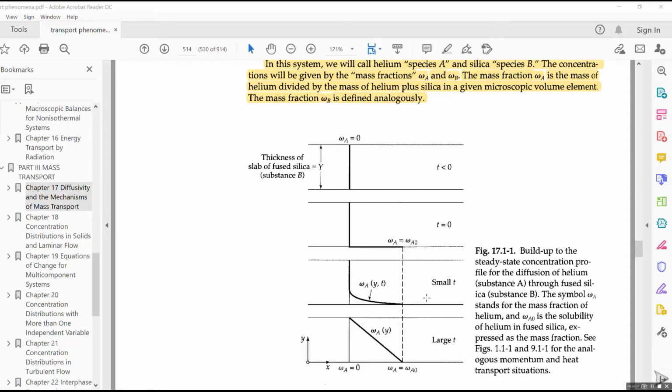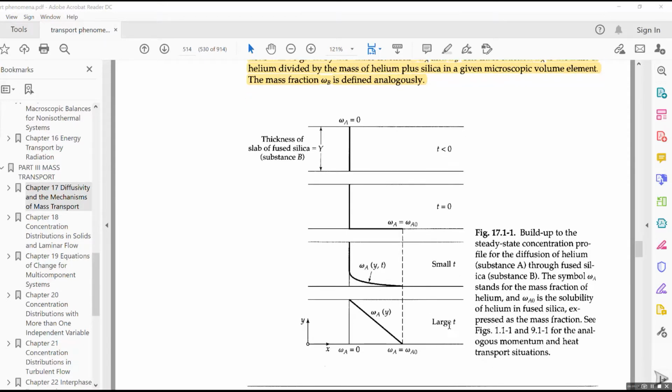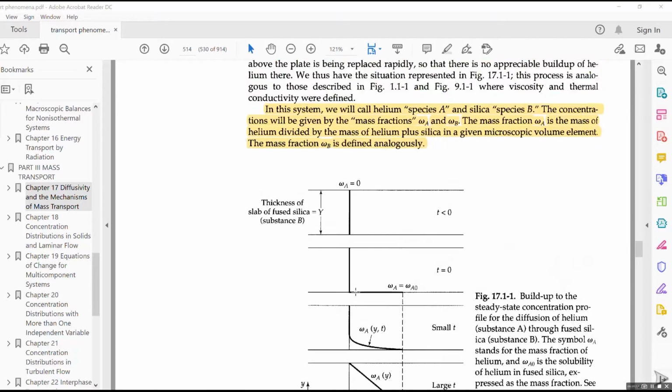So initially for small t's, the concentration of the helium through the silica depends on y and t, but after large times we will obtain a gradient concentration distribution of the helium inside of the silica in this form, and this form is independent of time for large t, so just dependent on y in the positive y direction.